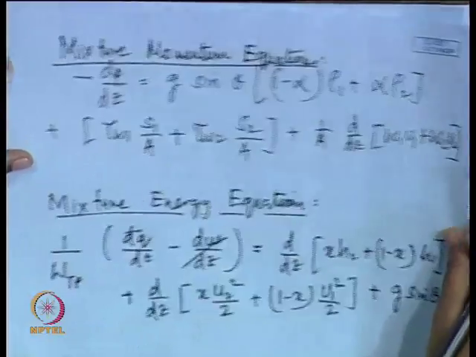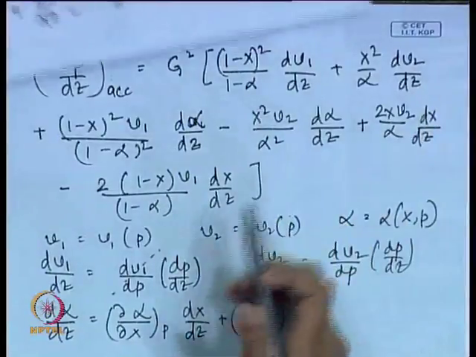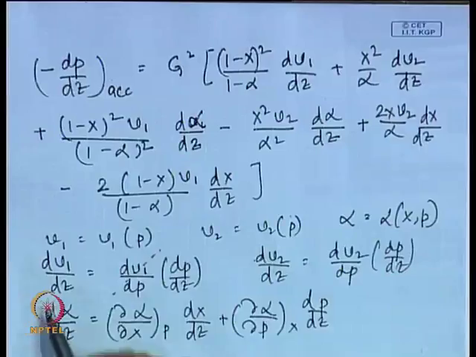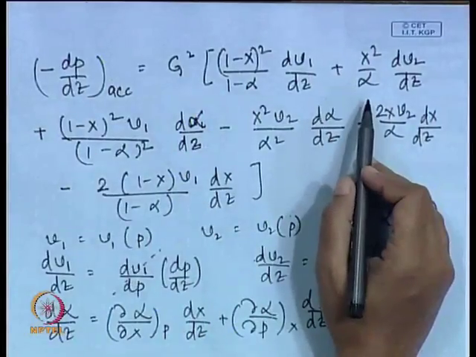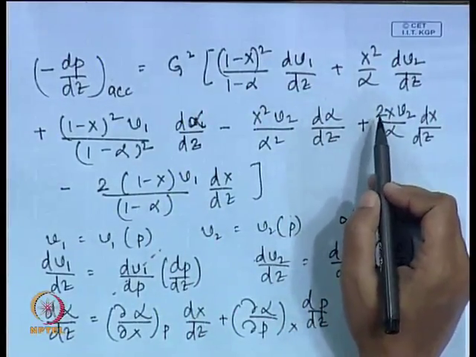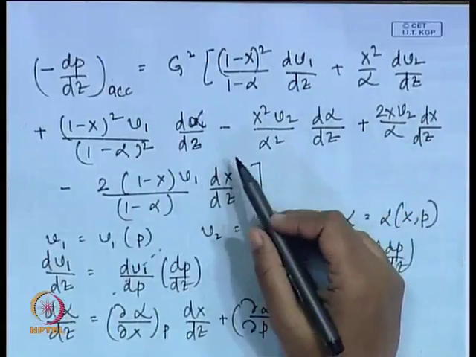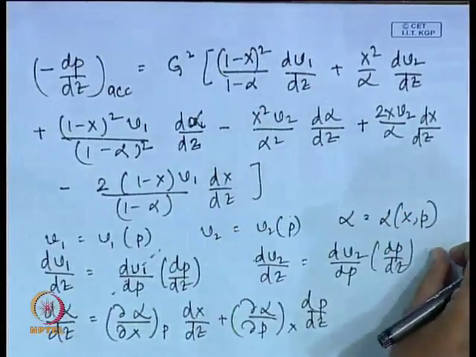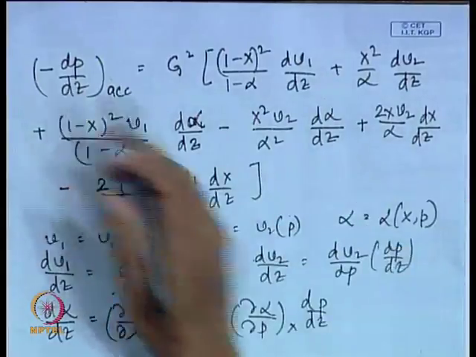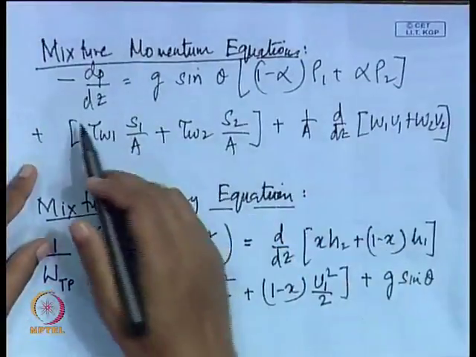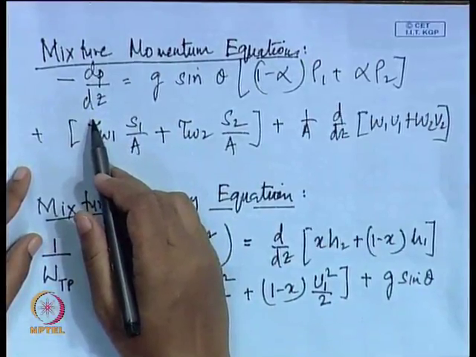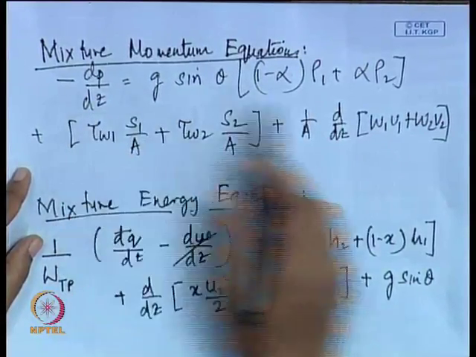So, what you are required to do is first substitute these equations in your acceleration pressure gradient in order to get the final expression of the acceleration pressure gradient. And after that, this expression has to be substituted in the total pressure gradient expression. Once this substitution is done, what do we get?